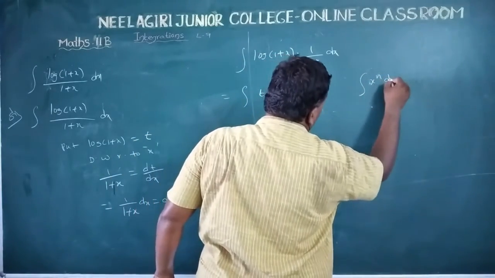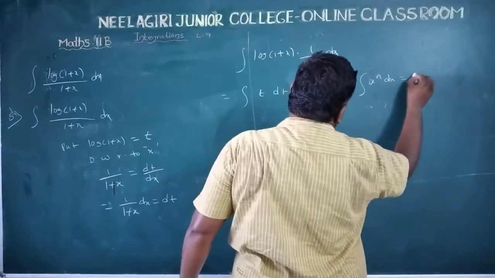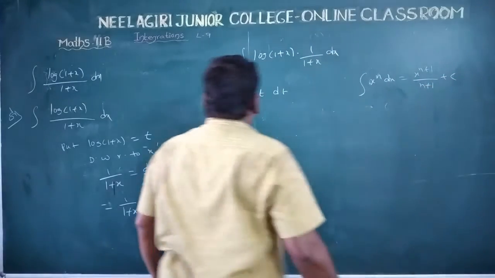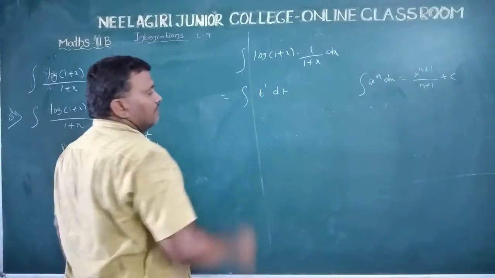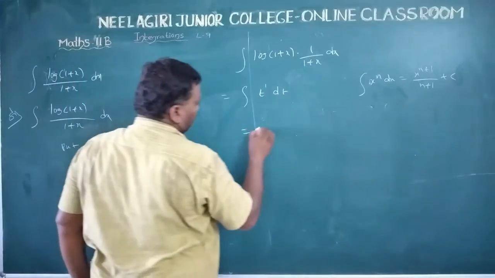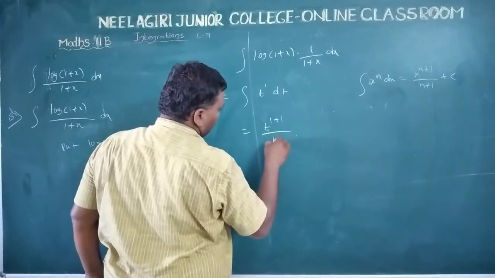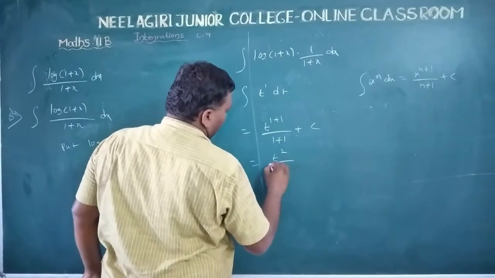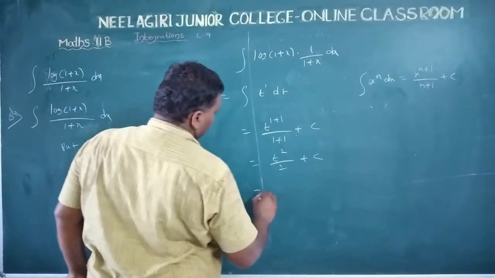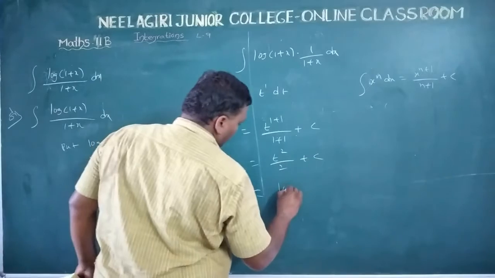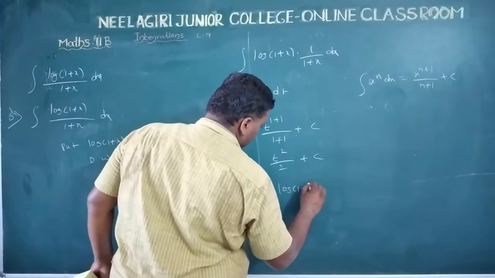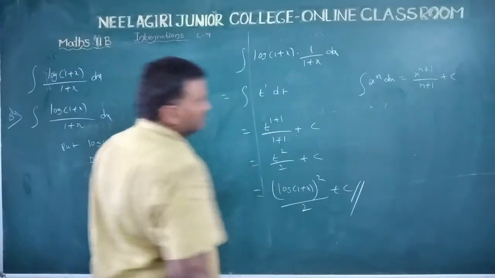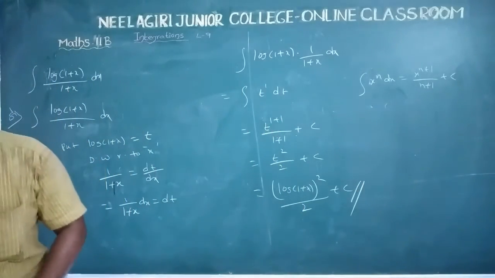Integration of x power n dx is equal to x power n plus 1 by n plus 1 plus c. So t power 1 is t power 1 plus 1 by 1 plus 1 plus c, which is t square by 2 plus c. What is the t value? Log of 1 plus x whole square by 2 plus c. This is the answer. Next.